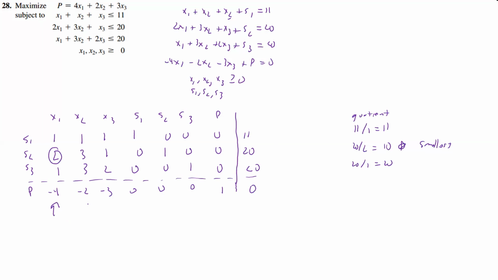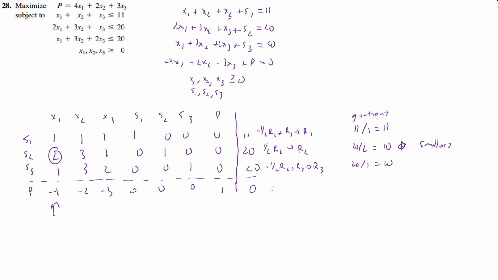This time maybe we'll do all of them in one go. We're going to take 1/2 row 2 and make that row 2. Then we take minus 1/2 row 2 plus row 1 for our new row 1, and minus 1/2 row 2 plus row 3 for our new row 3.